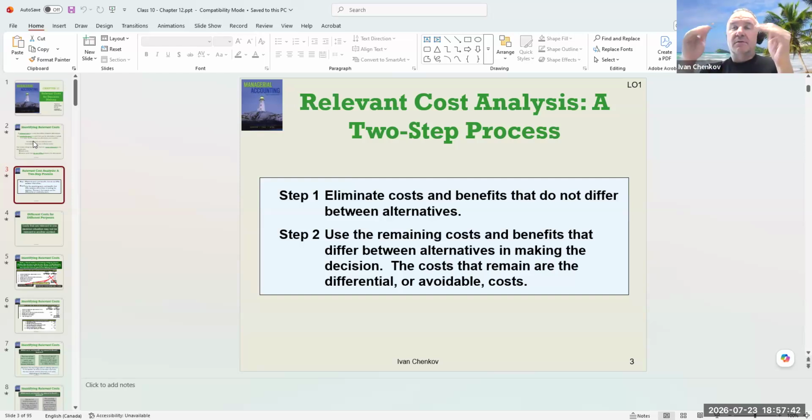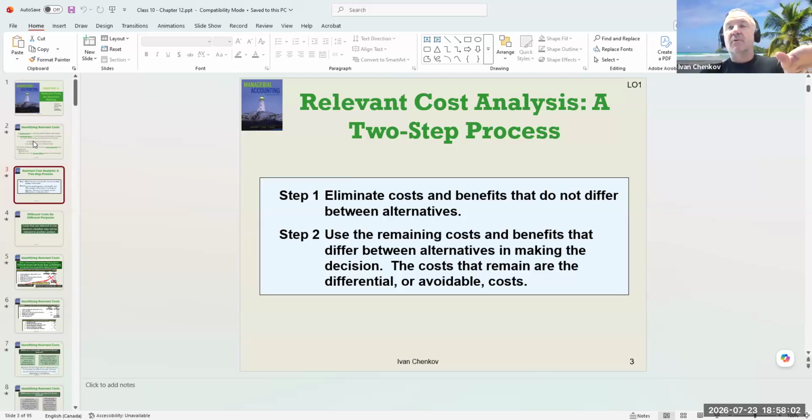If we have the same cost and same benefit, those are eliminated. Whatever is left between both alternatives, we weigh those costs and benefits and make a rational, data-driven decision in the best interest at the moment.